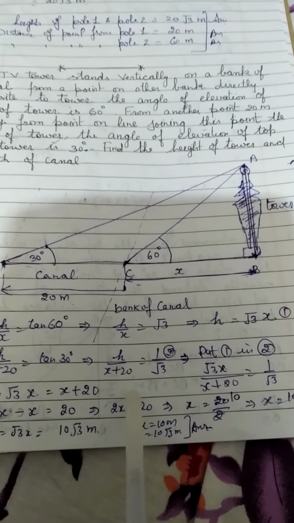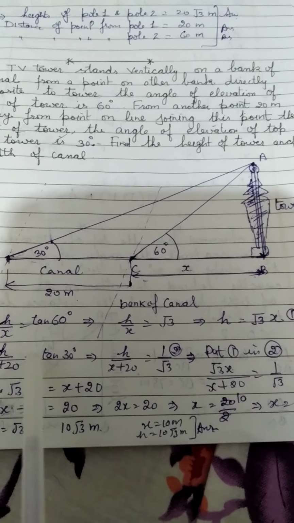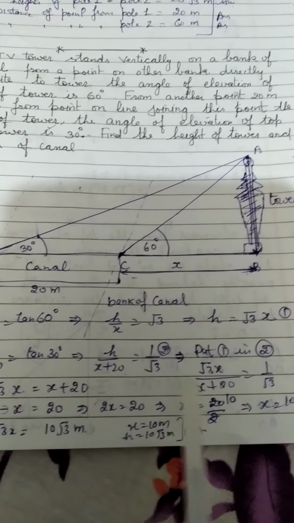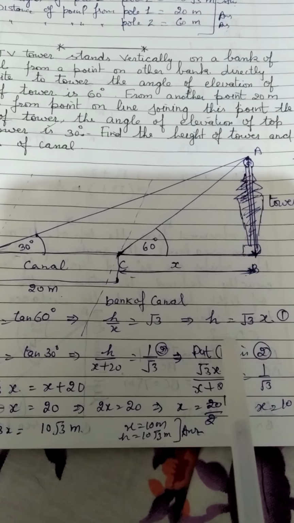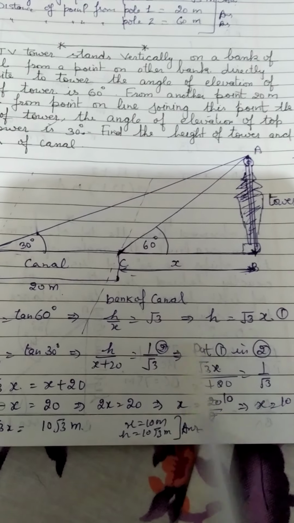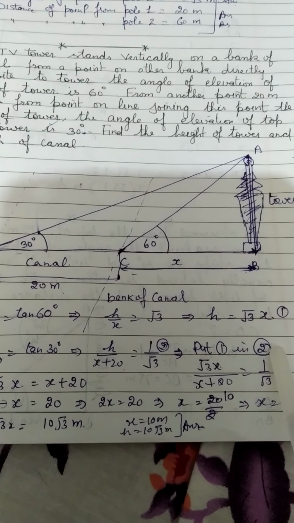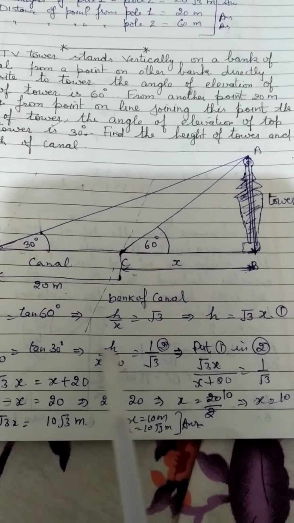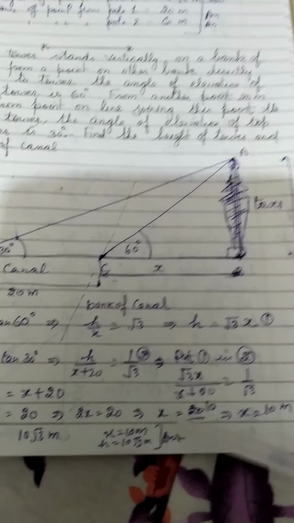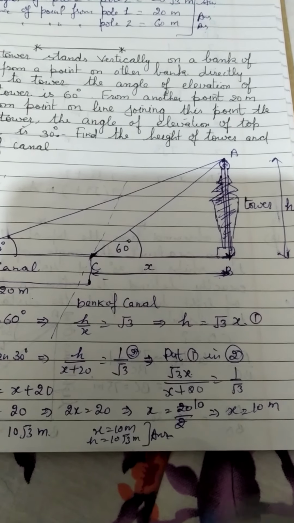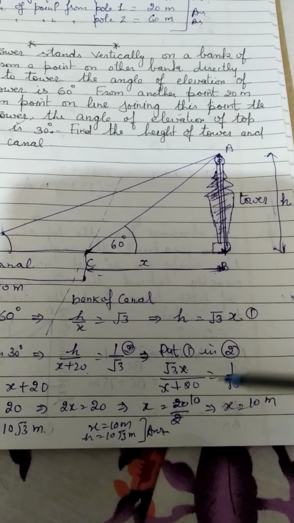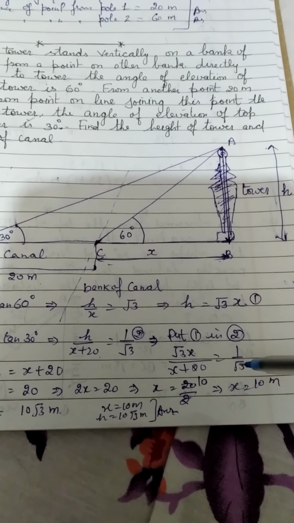H upon x plus 20 is equal to 1 by square root 3. Tan 30 is equal to 1 by root 3. Now put the value from equation number 1 into equation number 2. H was equal to square root 3x. We put in the place of h, square root 3x. It becomes square root 3x upon x plus 20 is equal to 1 by root 3.